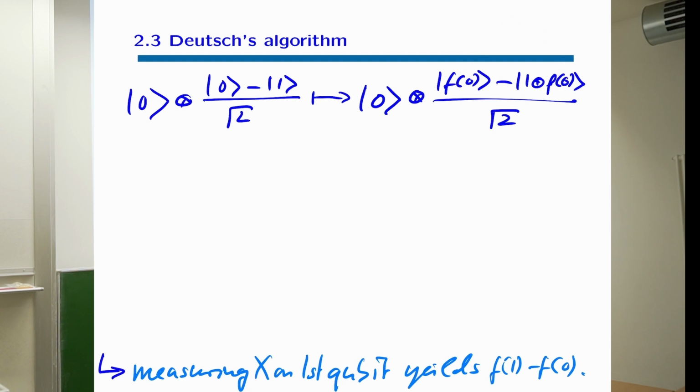One of the two will happen, and that hinges on what f of 0 is. So we can rewrite this as (-1) to the power f of 0 as a scalar prefactor, times 0 minus 1.